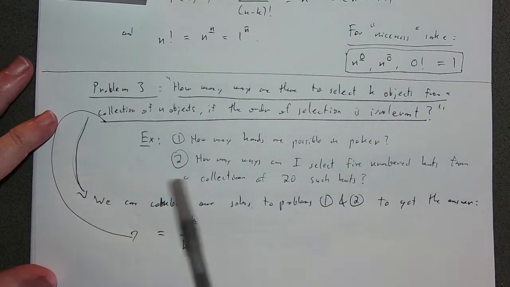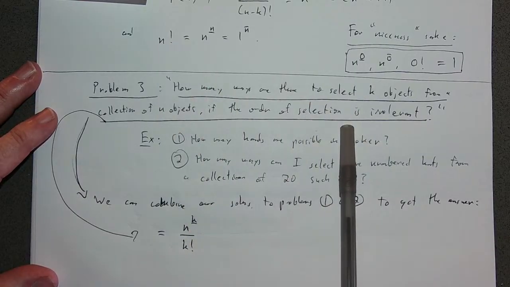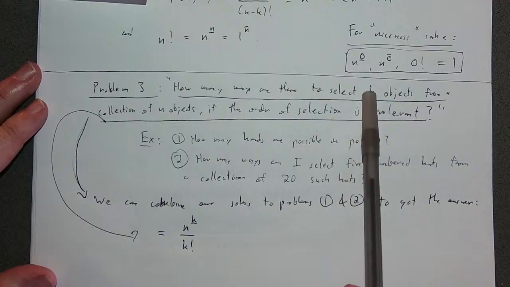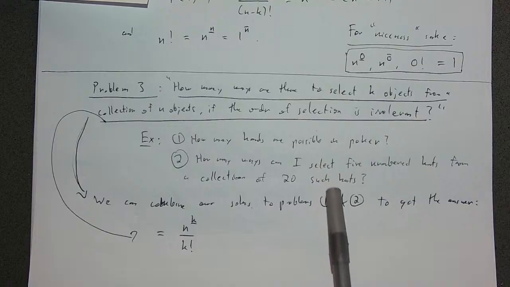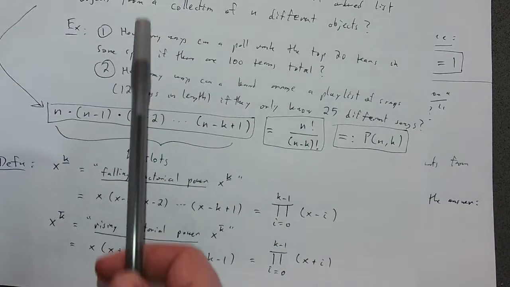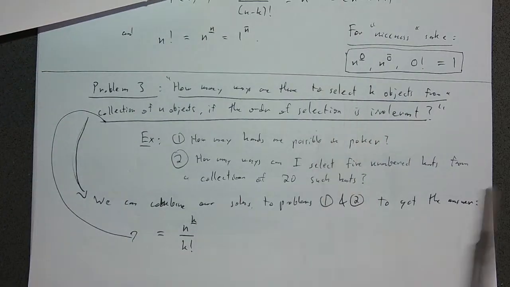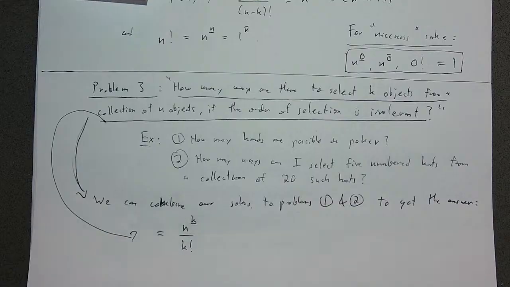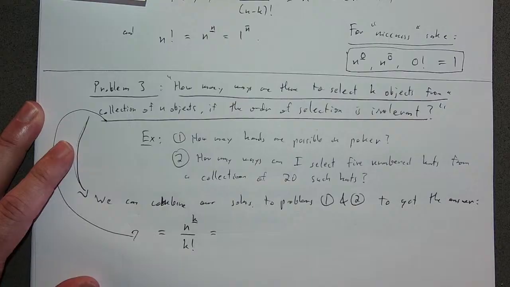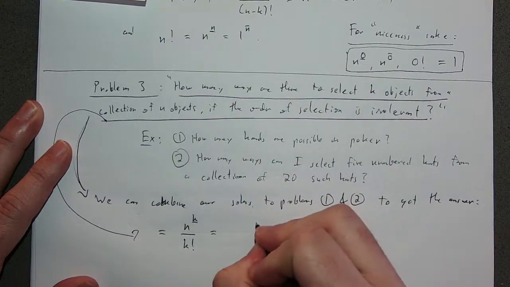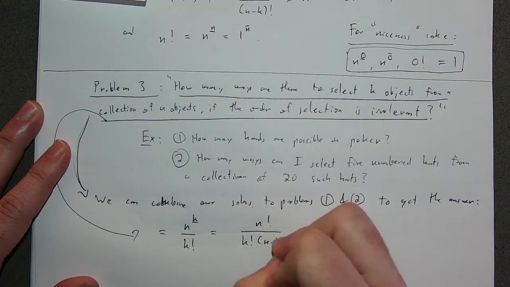Because if I knew what this number was, this number times k factorial would be the different orderings of the objects. But the number of ordered lists of k objects from n different objects is just n to the k falling. So dividing by k factorial gives us this, and rewriting this, of course, this would be n factorial over k factorial times n minus k factorial.